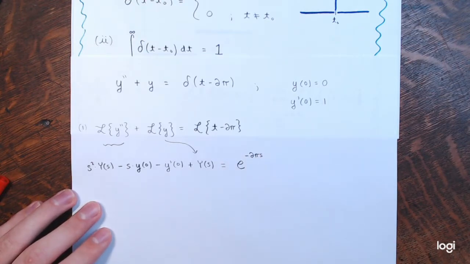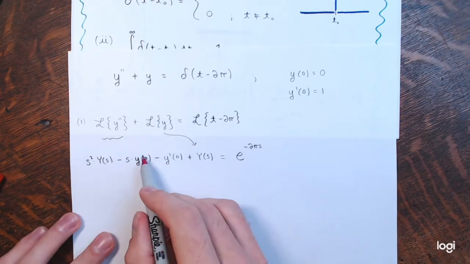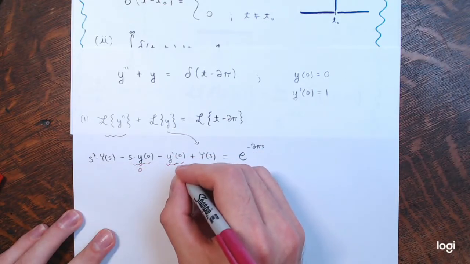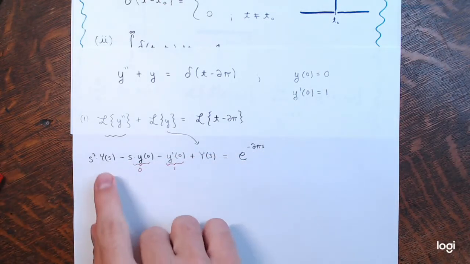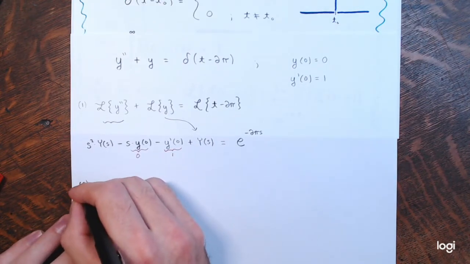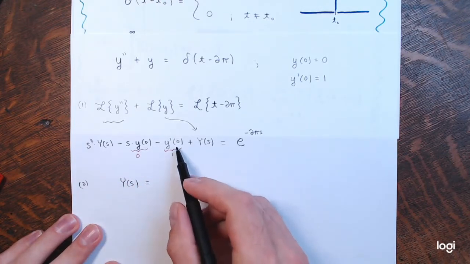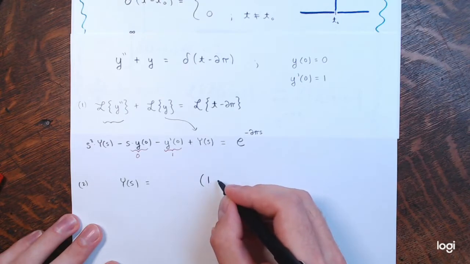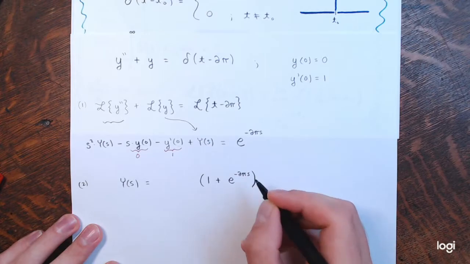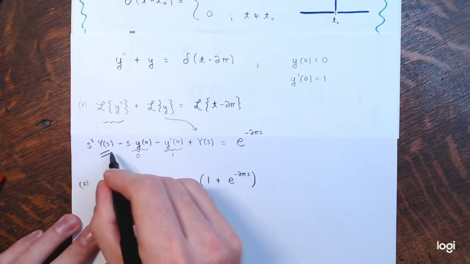Okay. Well, replacing y of 0 and y prime of 0 with the initial conditions, right? This is 0, this is 1, and solving for y of s, I would get the following. So step 2 is solve for y of s. Well, we'd have 1 plus e to the negative 2 pi s, adding 1 first, and then I'd factor the y of s out from both of these terms.